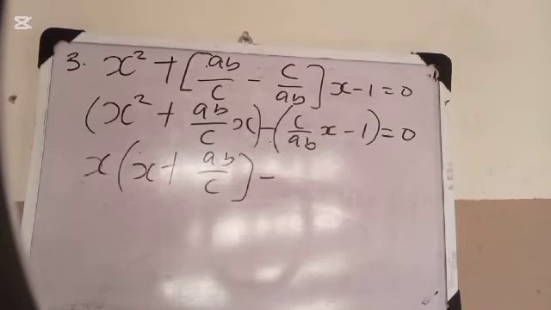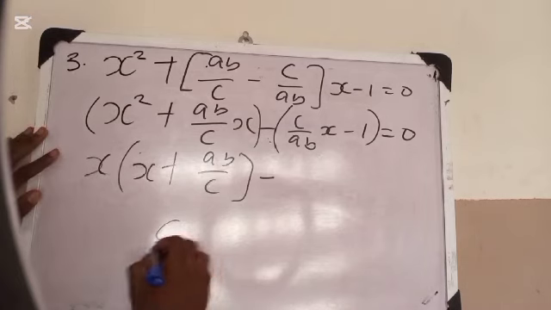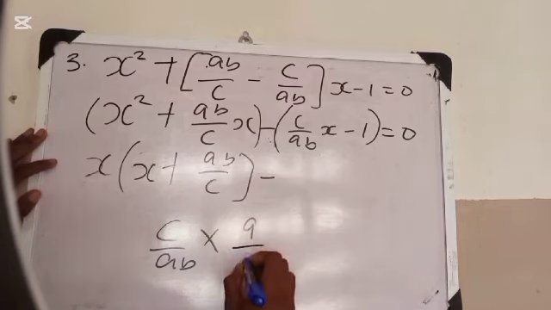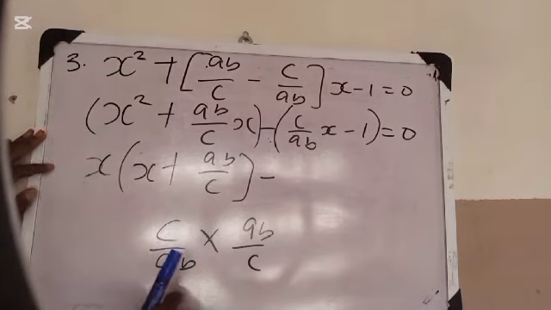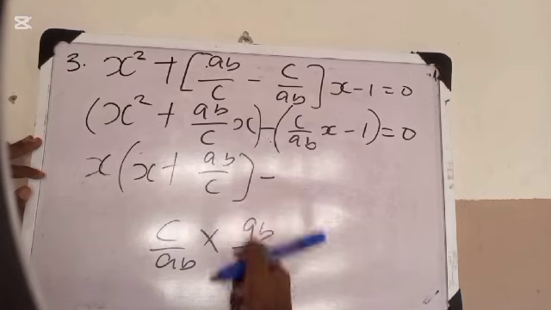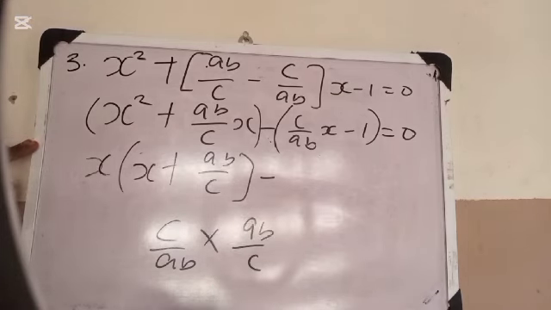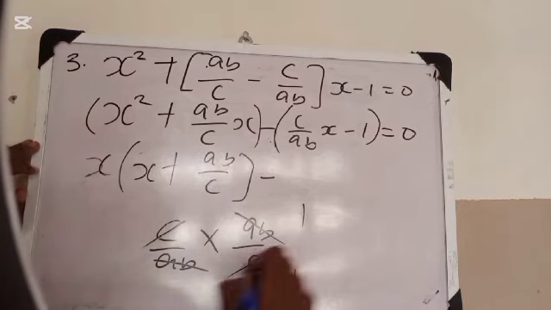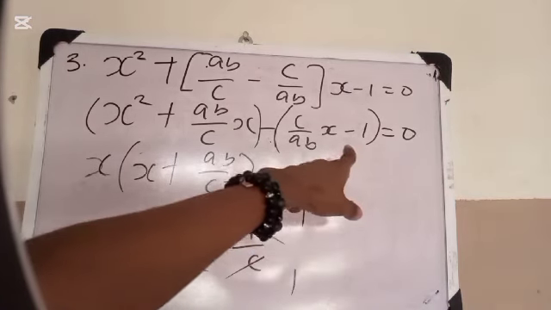How do you know that c over ab is the common term there? Now look at this. When you multiply c over ab by its inverse, which will be ab over c, you are going to get 1. Why? Because we cancel ab one time, we cancel c one time. That is how you got this 1 here.